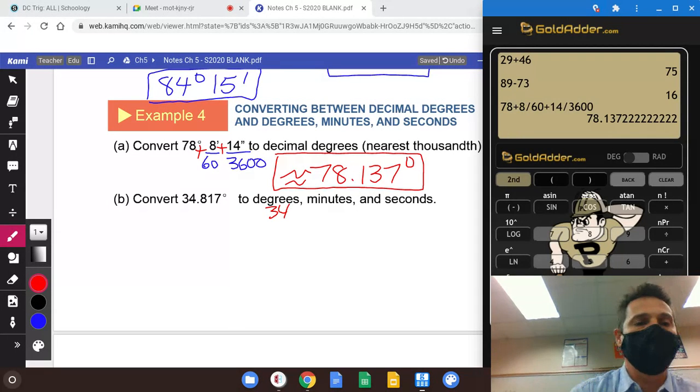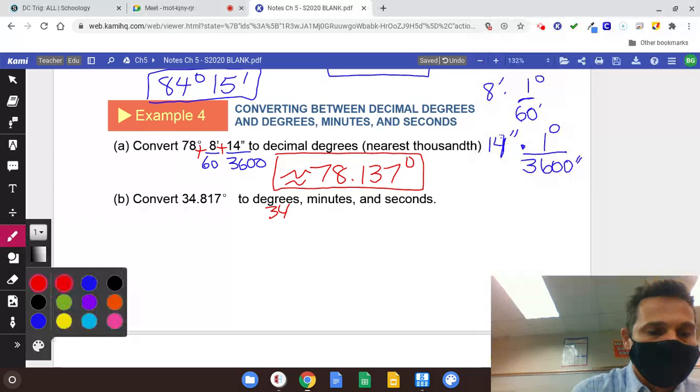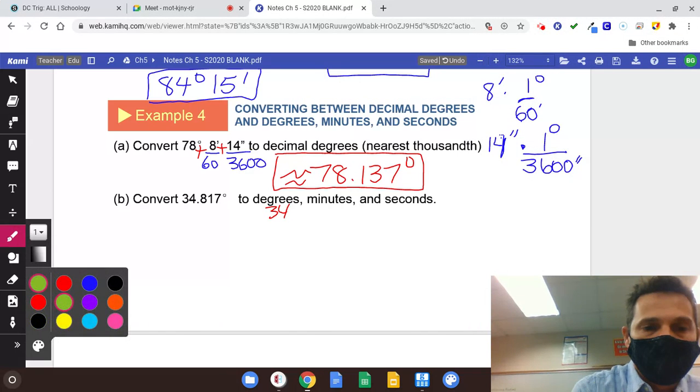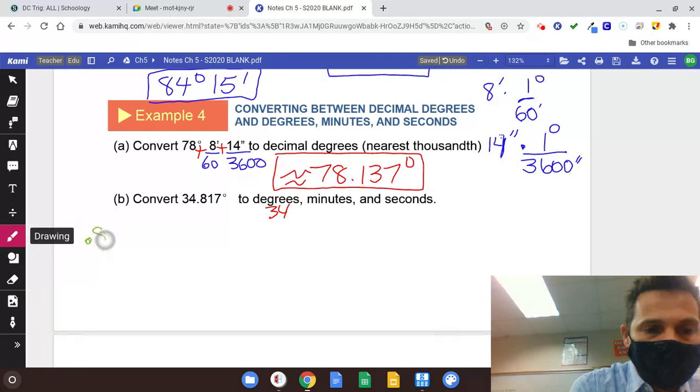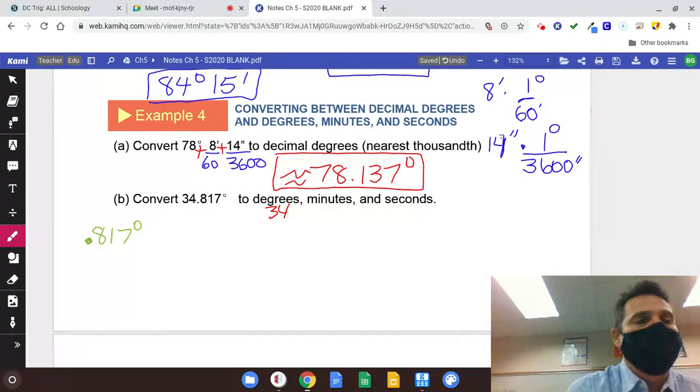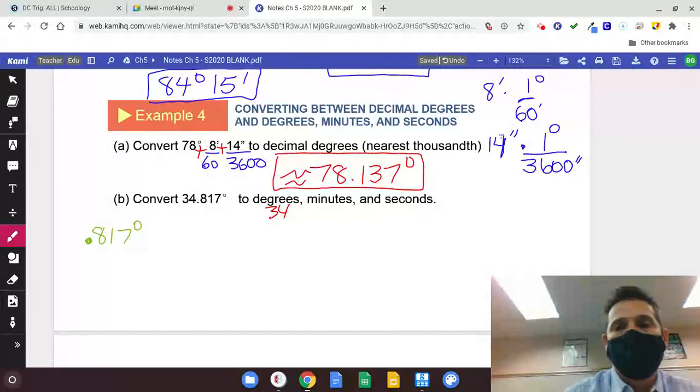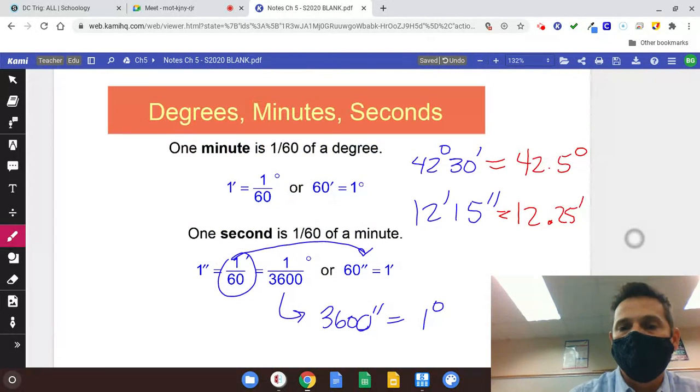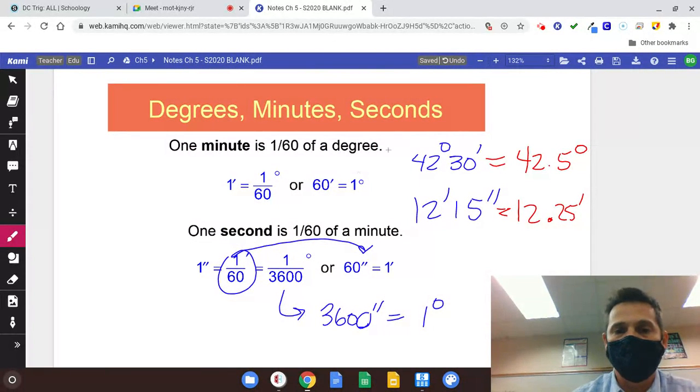So I'm going to do a conversion, but I'm going to go the other way. So check it out. You've got 0.817 degrees. And we want minutes. So we want to go from degrees to minutes. Again, you go back to these conversion factors. Degrees and minutes, that's right here. I know 60 minutes is 1 degree.